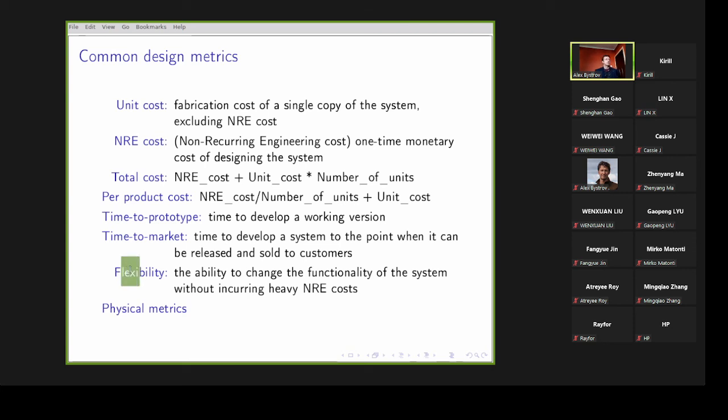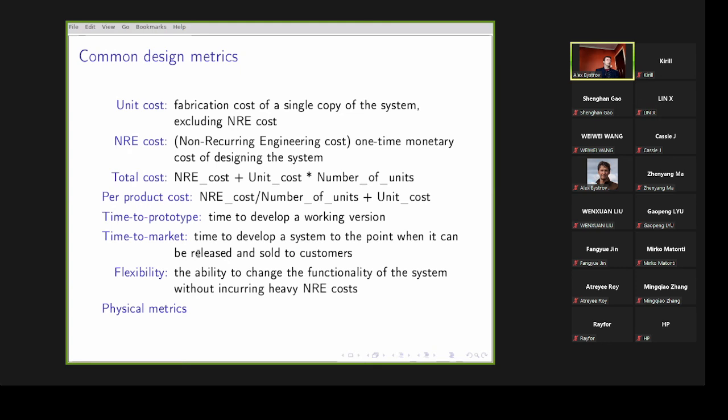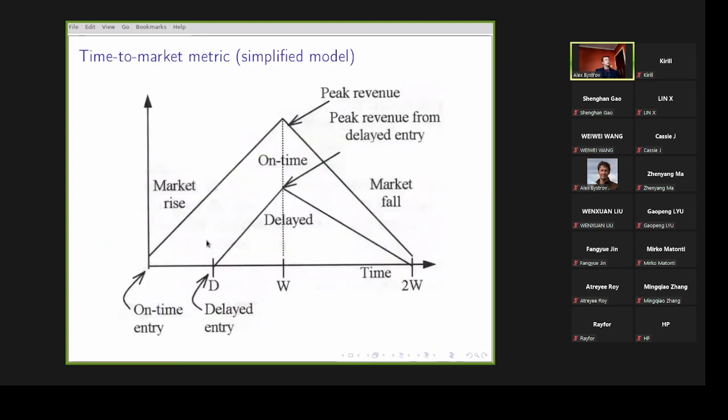So it's flexibility. What it does, it allows us to cheat and reduce time to market and sell the product which contains bugs. And then by exploiting the feature flexibility, you can fix the bugs, and the customer will be happy in the end. And I'm not focusing on physical metrics, I mentioned them. So here's the explanation of the importance of time to market. Two products are shown here.